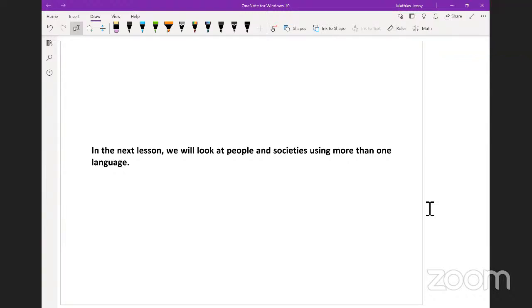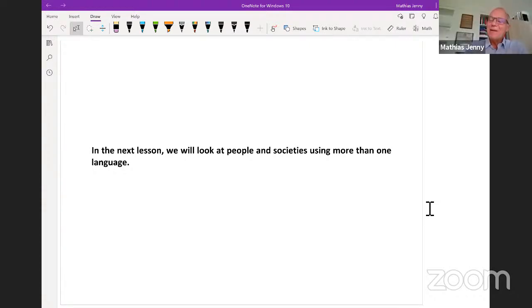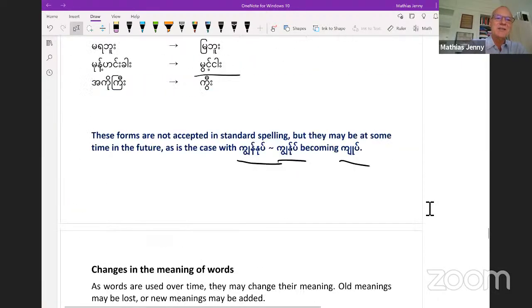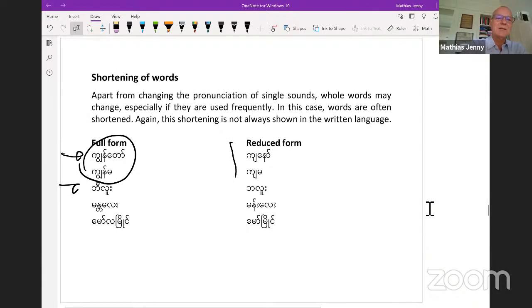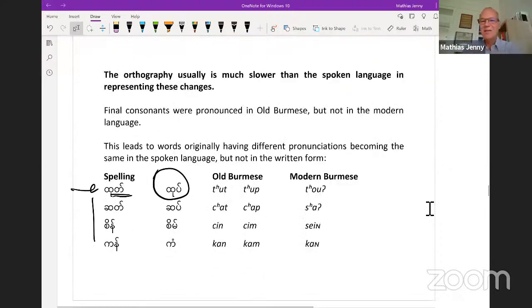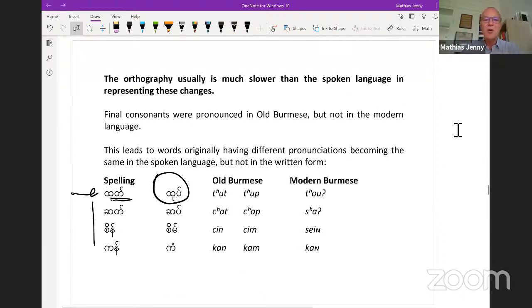Right, sir. Yeah. So maybe at some point there will be a spelling reform in Burmese. These things like toe and toe, now spelled with tata and bata, are confused a lot.